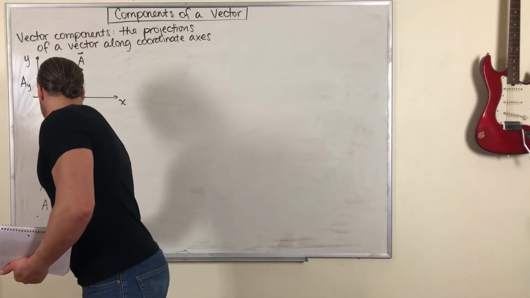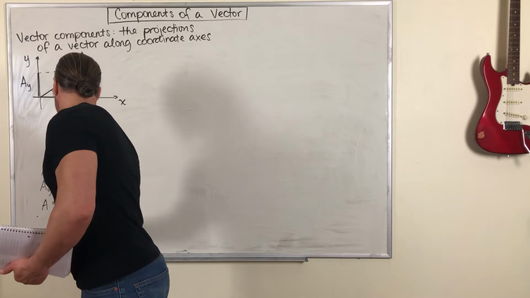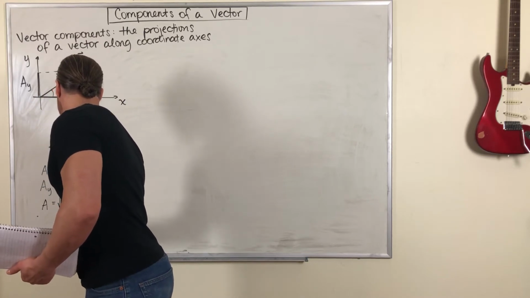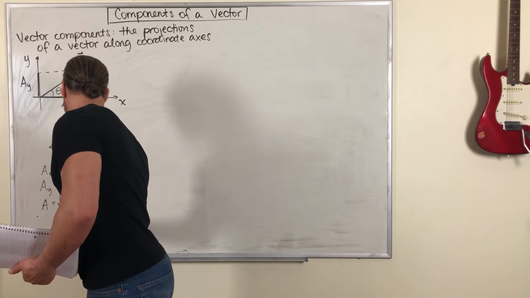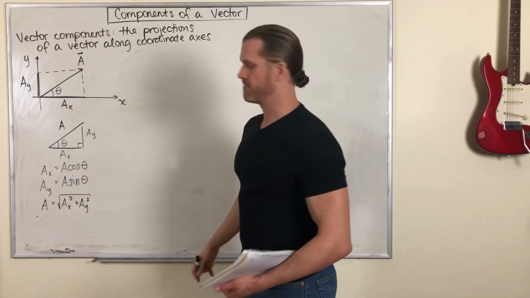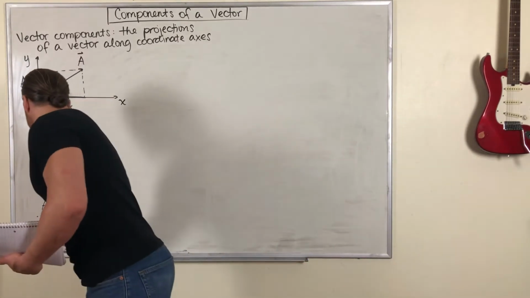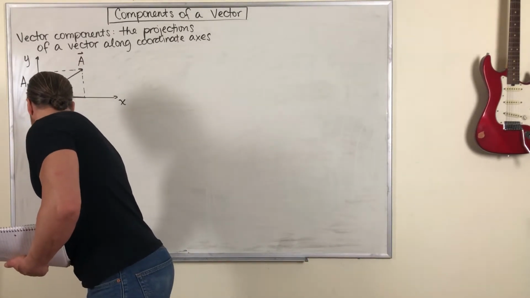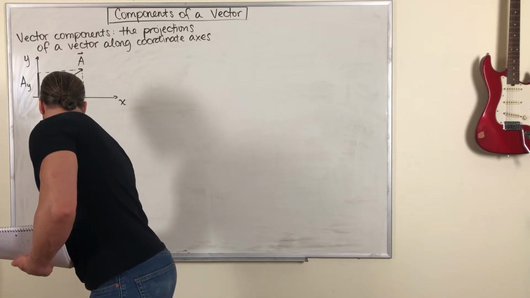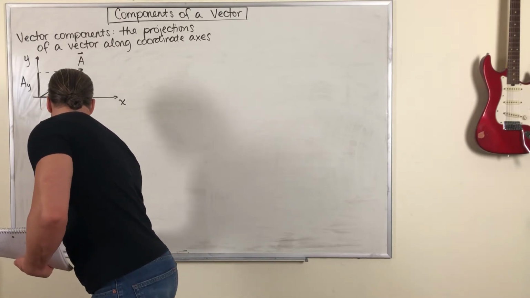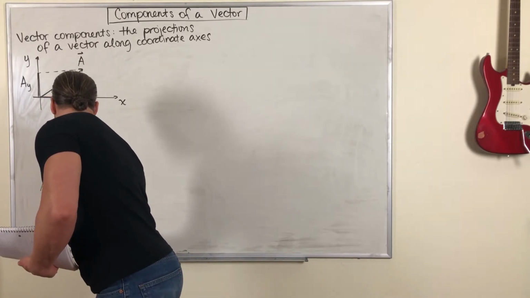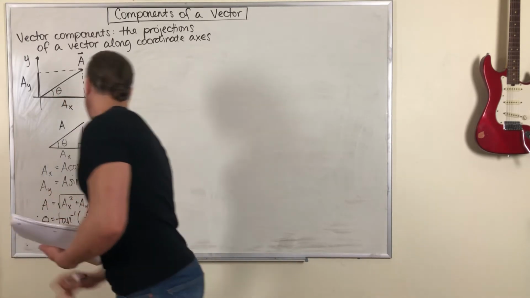And of course, Pythagorean theorem tells you that the hypotenuse squared is the sum of the two sides squared. And trigonometry tells you that this angle is the inverse tangent of A_y over A_x, opposite over adjacent.